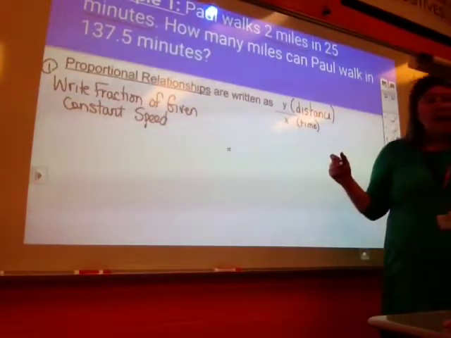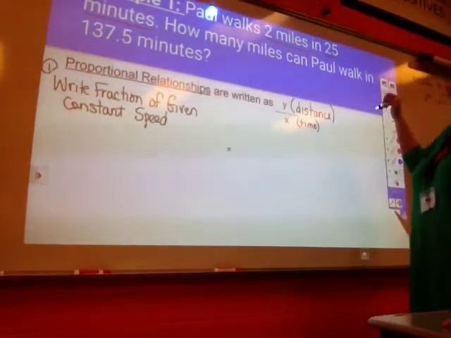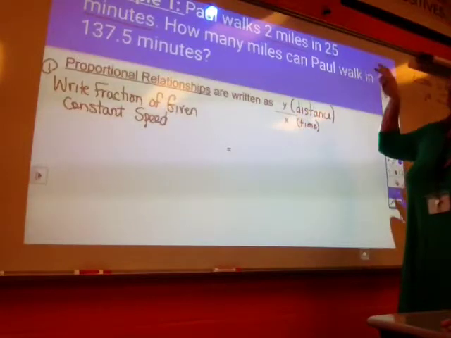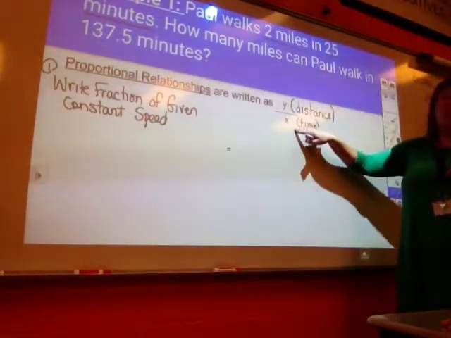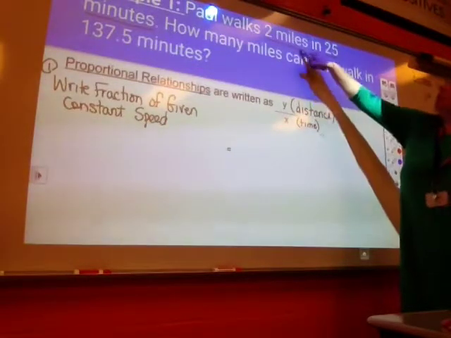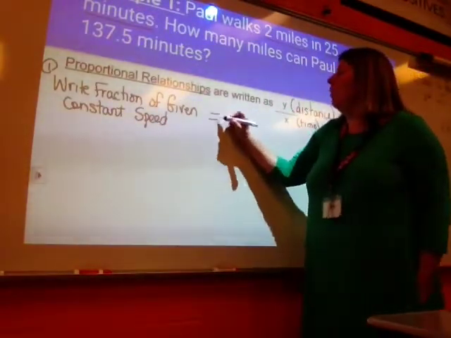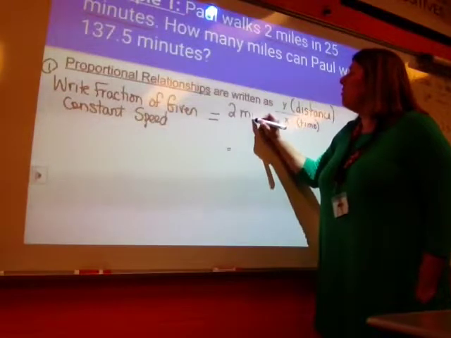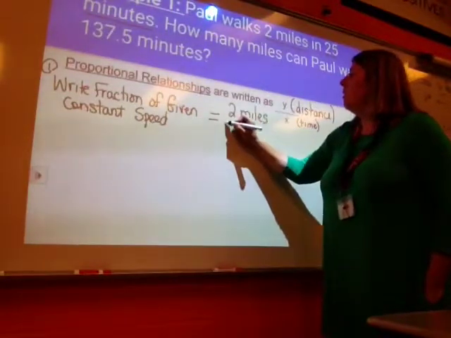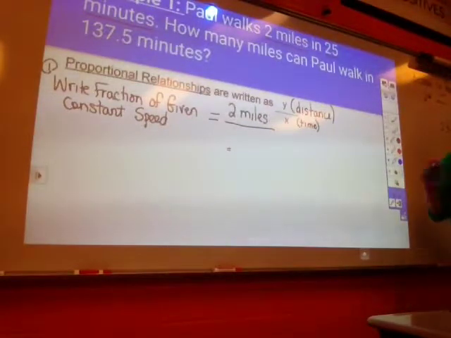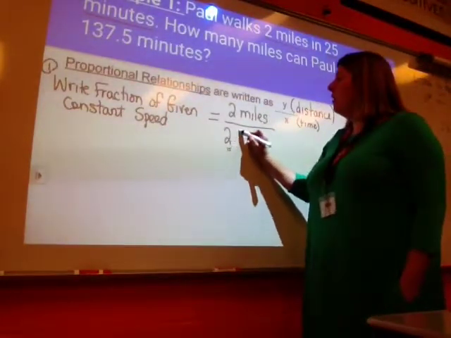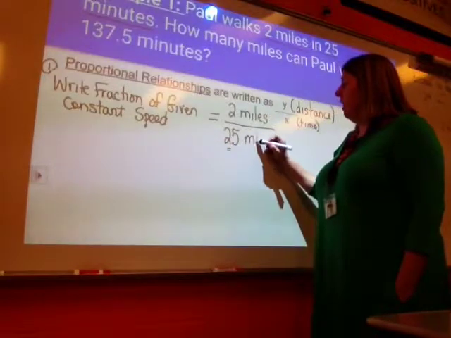So, let's do that underneath step 1. You ready? What is our given constant speed? Now remember, we're writing distance over time. So 2 miles, so that's going to equal 2 miles over 25 minutes.